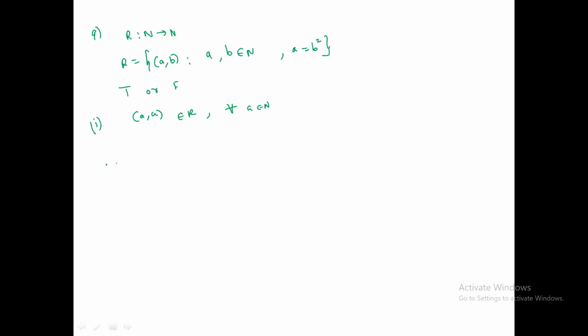So you have to show that (a, a) belongs to R. Suppose (a, a) belongs to R, then a will be equal to a square. But this is not true. This is false. A cannot be equal to a square.